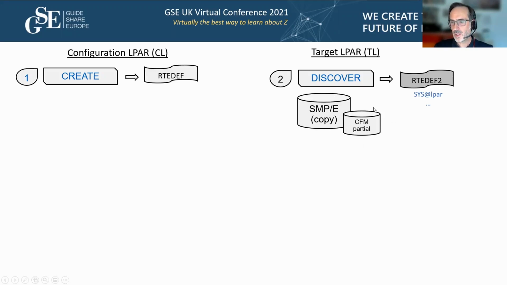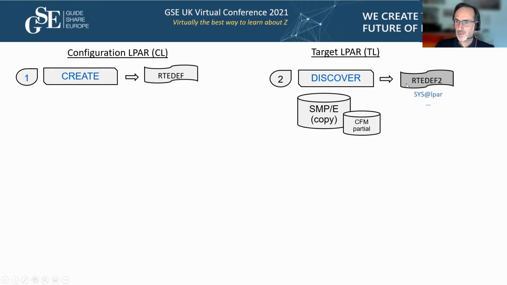So for those cases, we provide you with this capability to produce those data sets and keep them on the target LPAR without using too much space. So you don't need the full SMPE environment there. If you're using sharing with SMP configurations, you have those on the target system anyway, so you don't need to do anything and you can run discover at any time.